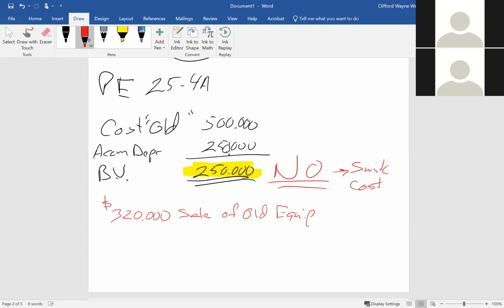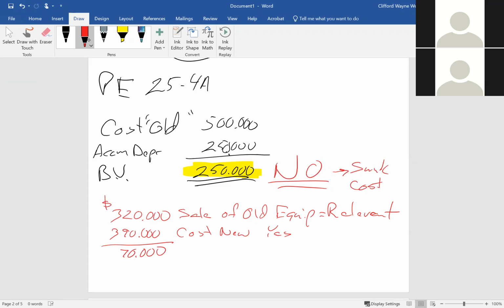That's relevant, because really that's going to offset the cost of the new stuff. Is the price of the $390,000 relevant? Yes, that is relevant, because in reality we're only going to have to spend $70,000 to get this new stuff.